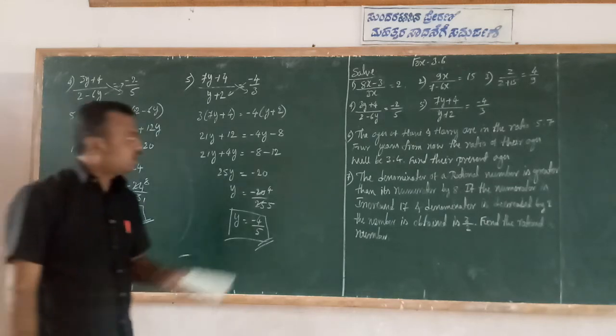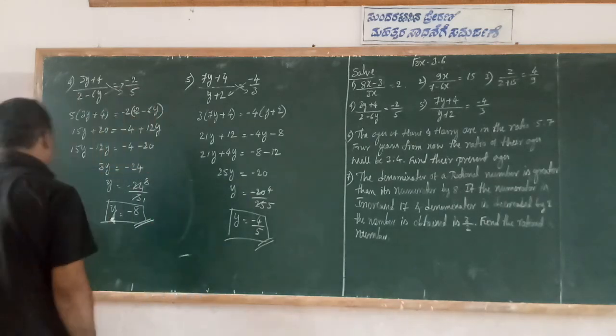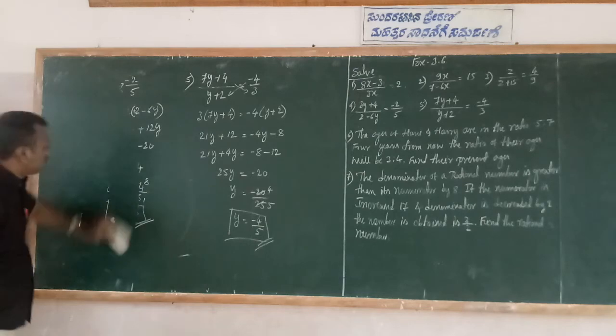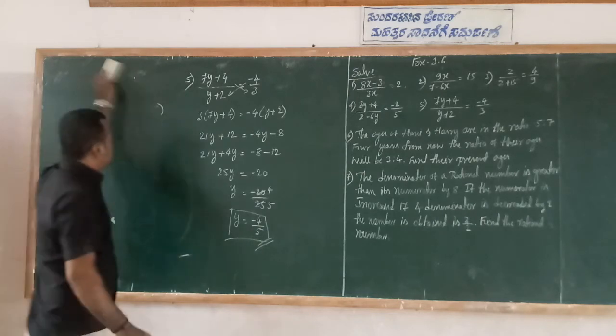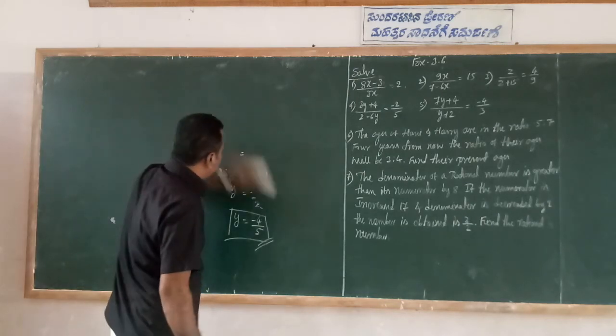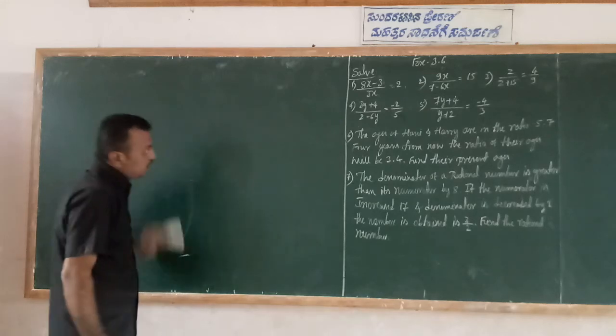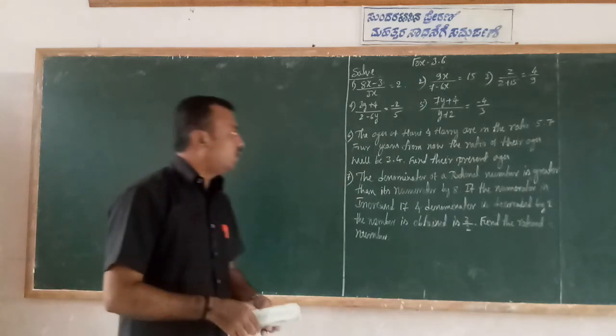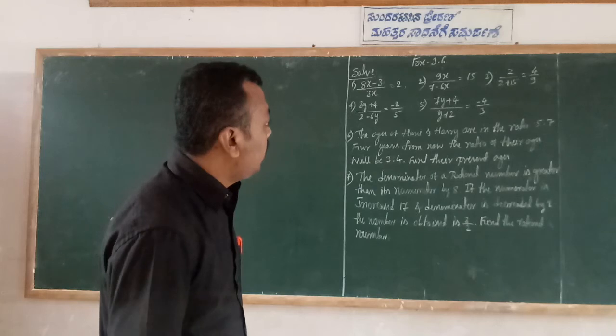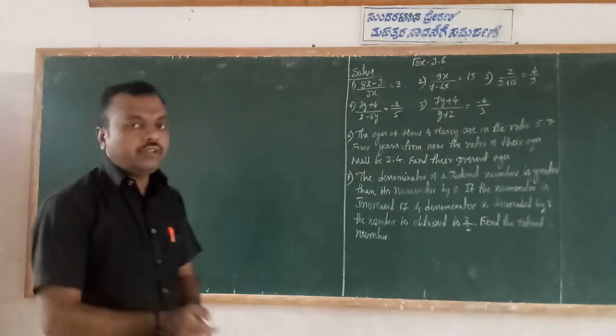Okay. So next we will go to the word problems. Two word problems are there, so we have to solve those. Read question number 6. The ages of Hari and Harry are in the ratio 5:7.